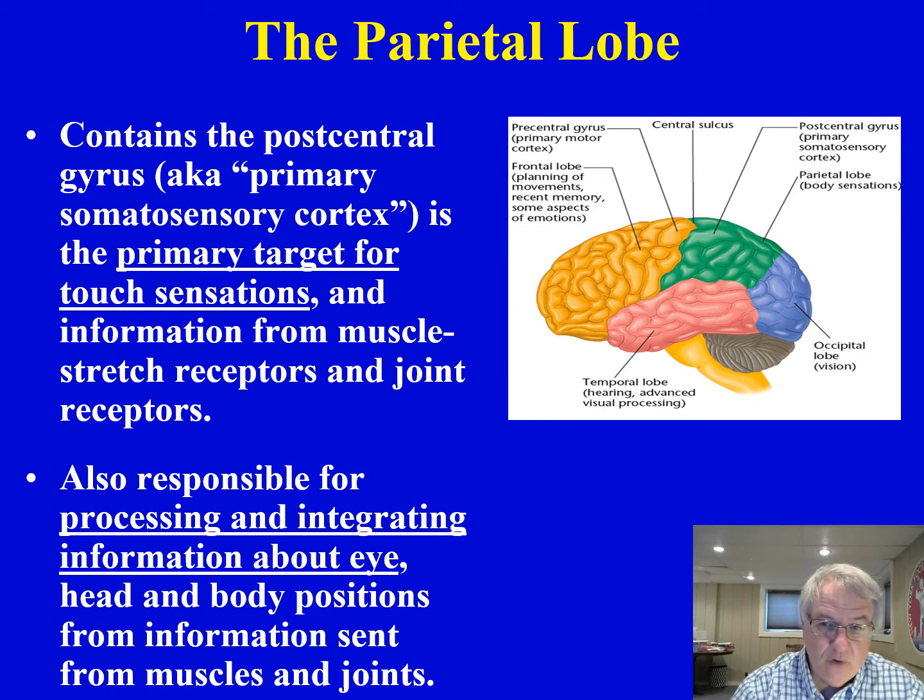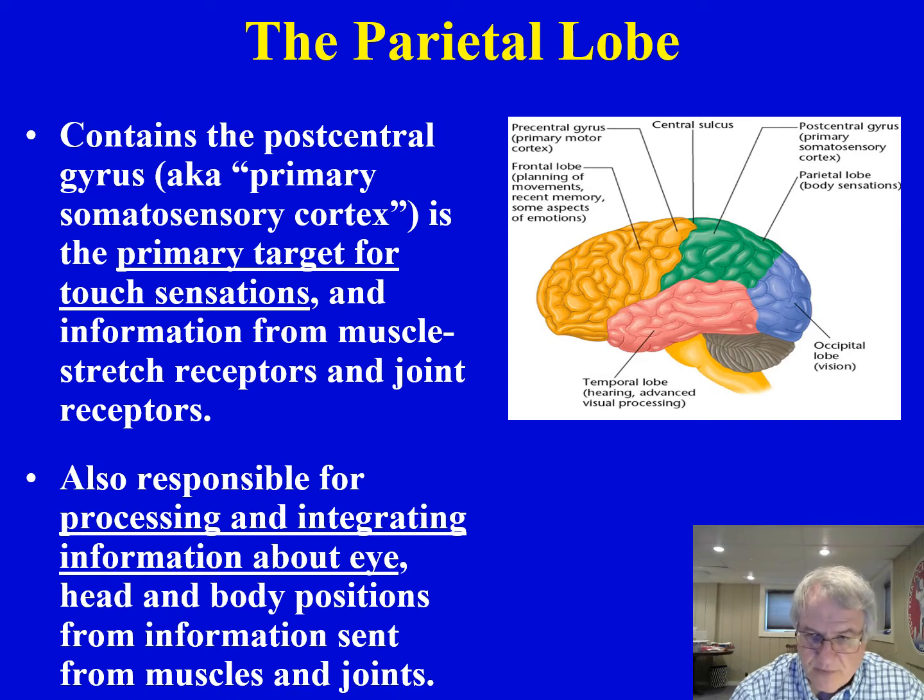The parietal lobe, on the other hand, here's our parietal lobe that we see right here. The primary somatosensory cortex, the postcentral gyrus, is right here. It's a target area for touch sensations, a lot of information being transmitted here in terms of receptors throughout the body, joint receptors, for example.